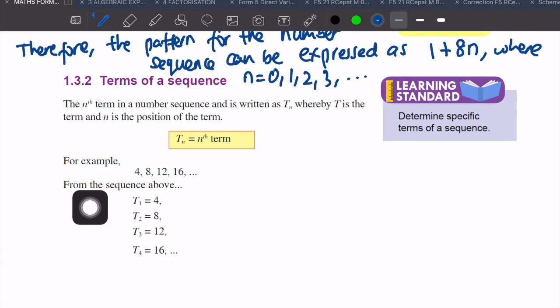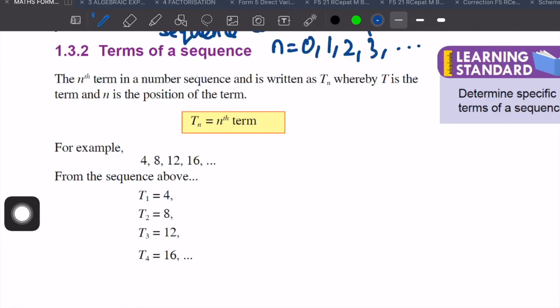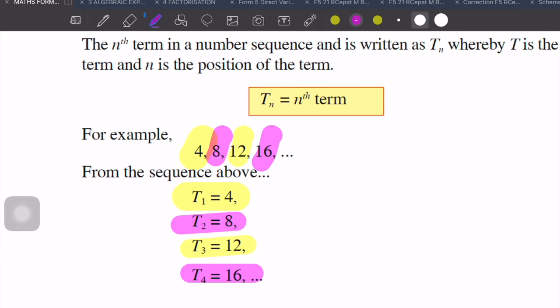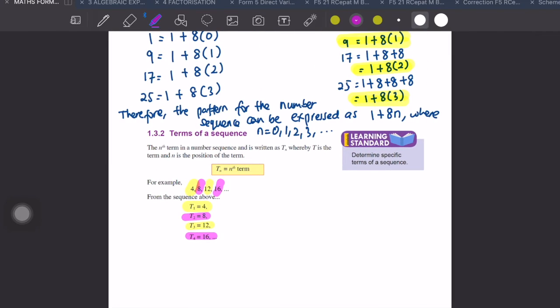From the sequence above, the first term is 4, the second term is 8, the third term is 12, and the fourth term is 16. You can write it as T1, T2, T3 and T4 and so on.